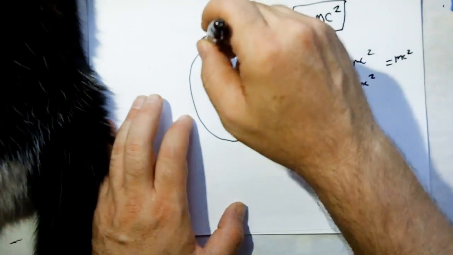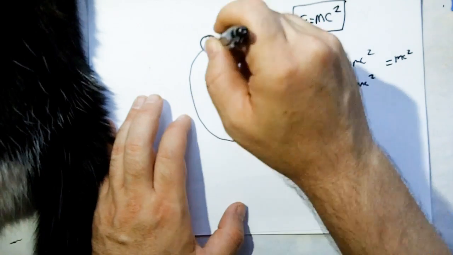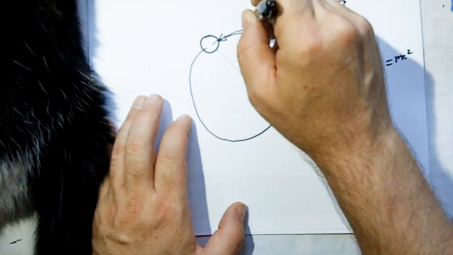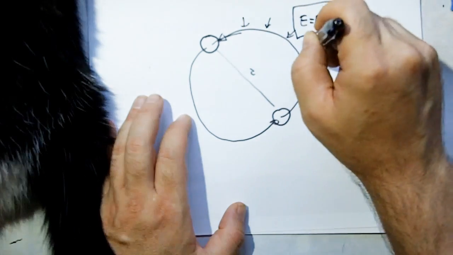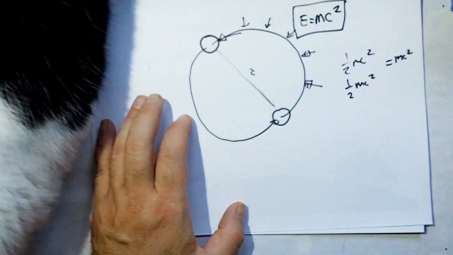Since these pretons are orbiting in a circular orbit, the whole idea of accelerating it inward, that is work, and that's where we need to derive the energy.